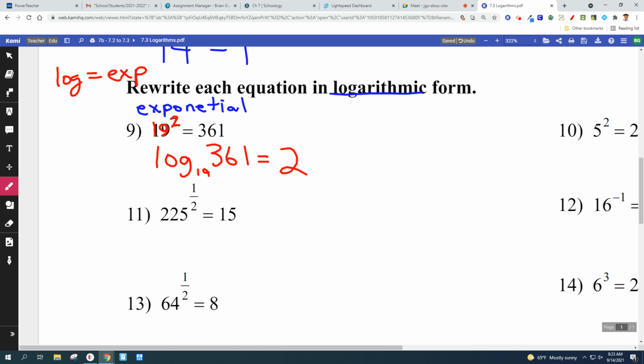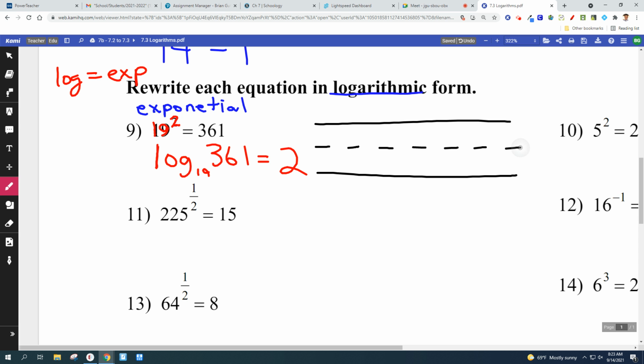Now, when I've taught this in the past, sometimes students have a hard time sizing up the numbers. The little bitty 19, that's a subscript. But the 361 is the same size as the L in log. So all of your numbers are pretty much the same size. Imagine, I don't know if you guys did, but when I was in kindergarten, we had this kind of paper, and we had to learn how to write on paper that looked kind of like a highway. Did you guys have this kind of paper too?